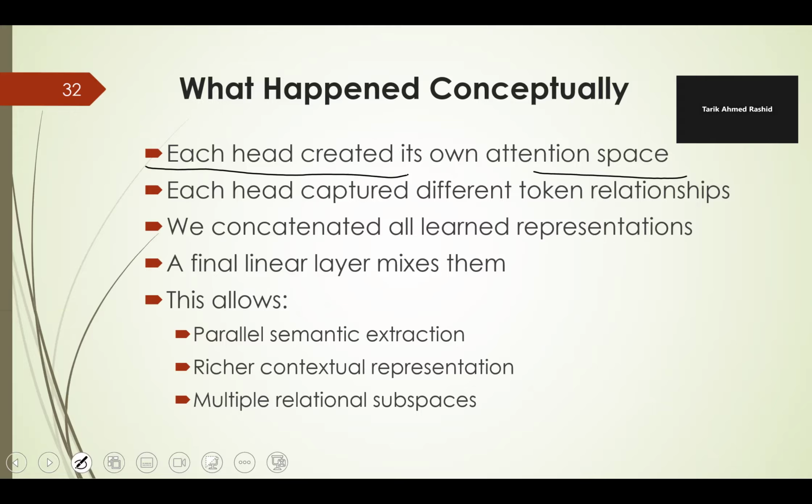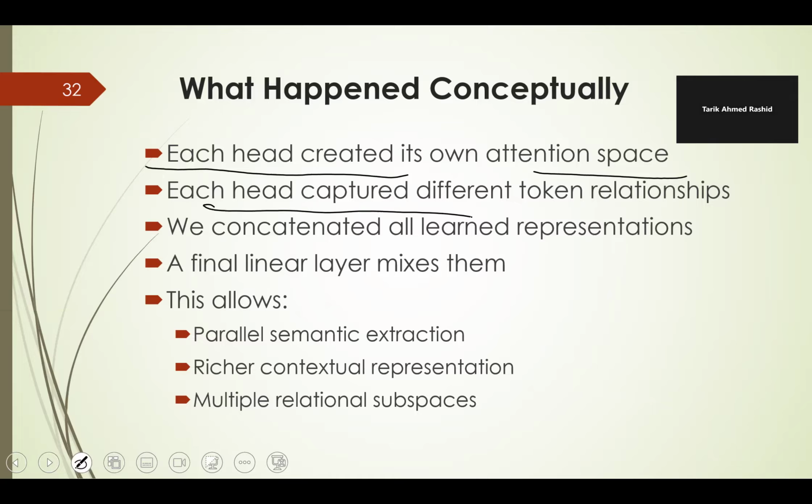Let's say I'm head 1, I'm looking at that sentence from a grammar point of view. Another person can look at it from a semantic point of view. And the more heads you have, the more attention space you create for the token.